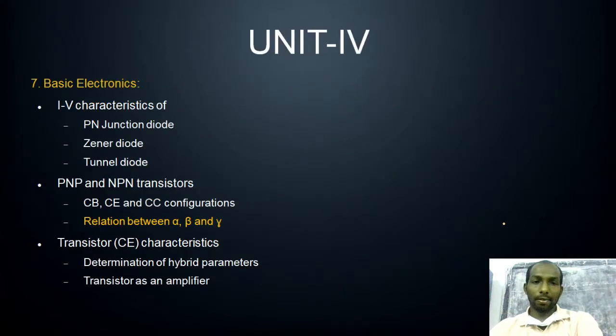So far we have completed the following concepts. In the present lecture we will see the relation between alpha, beta and gamma. Alpha, beta, gamma are the current amplification factors for CB configuration, CE configuration and CC configuration respectively.